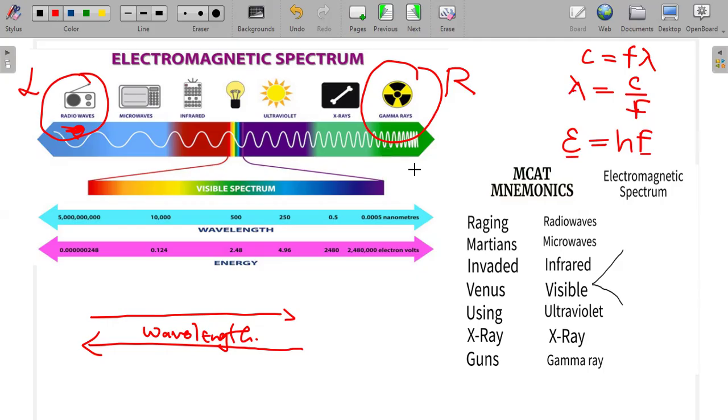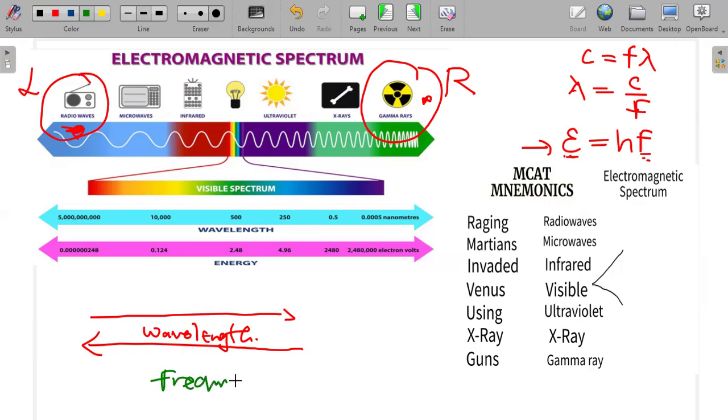And since the gamma rays have the smallest wavelength, they are going to have the largest frequency. And if they have a larger frequency, based on this equation, which is directly proportional, they are also going to have the larger energy. So as we move, now I'll be talking about the frequency.